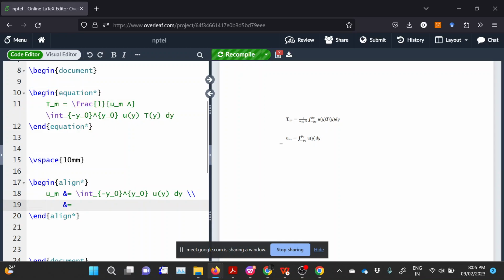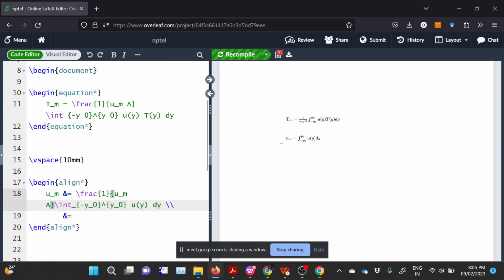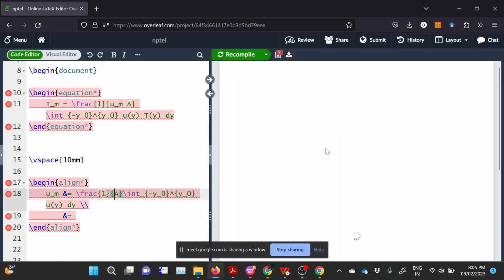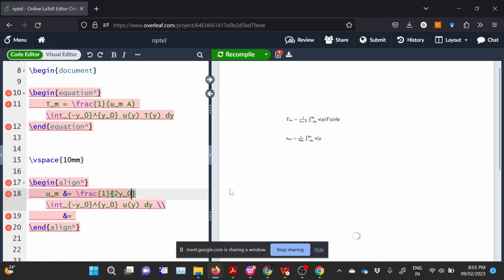So um should be 1 over area into the integration of u(y) dy, which is the flow rate through the entire area, and the limits of integration go from minus y naught to y naught, and the area would be equal to 2y naught, assuming unit width.